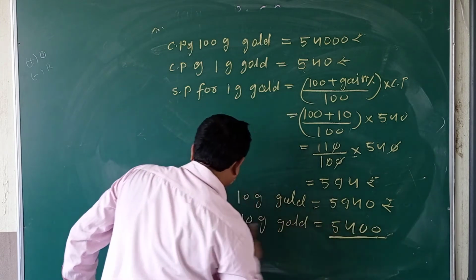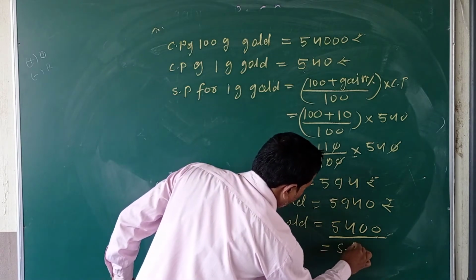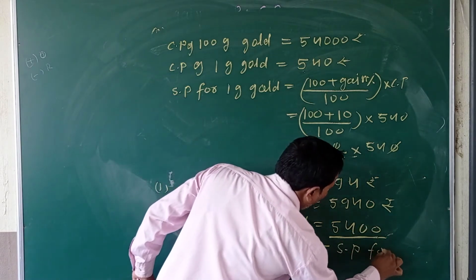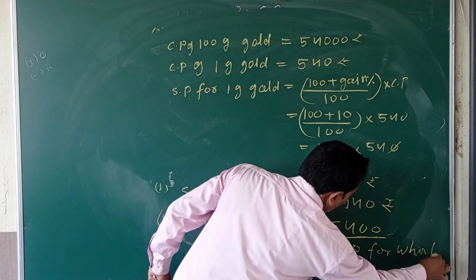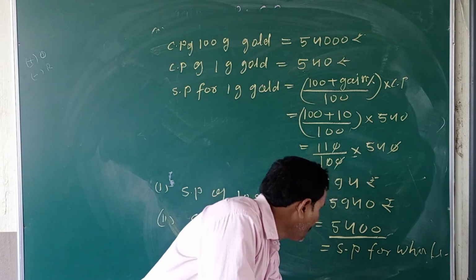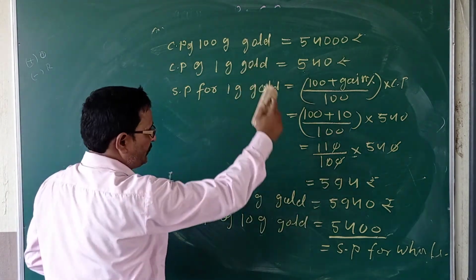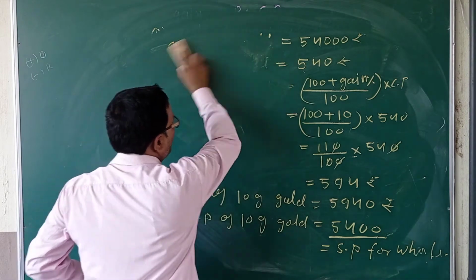This CP for gold is made will be SP for wholesaler. So now you calculate SP for wholesaler. You write this one on your copy.